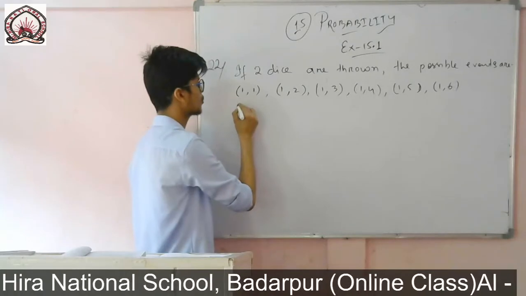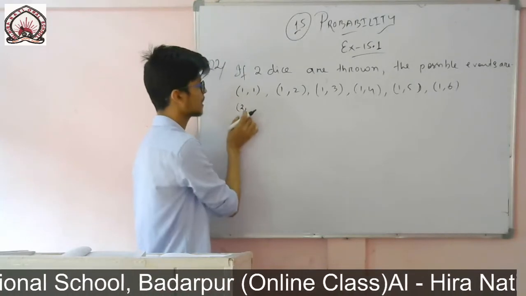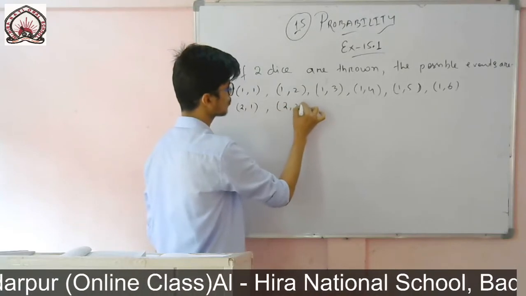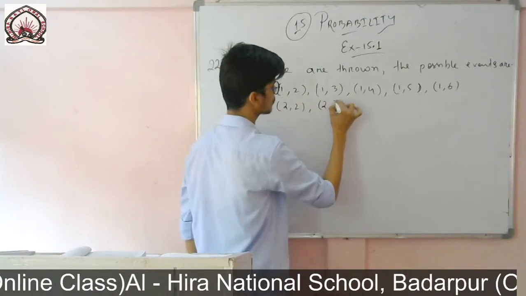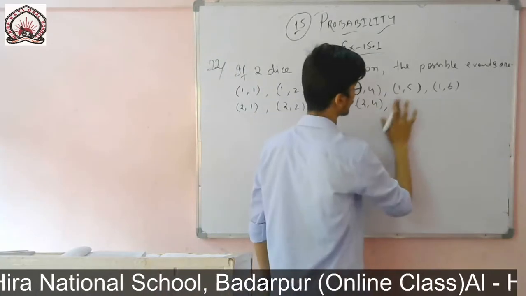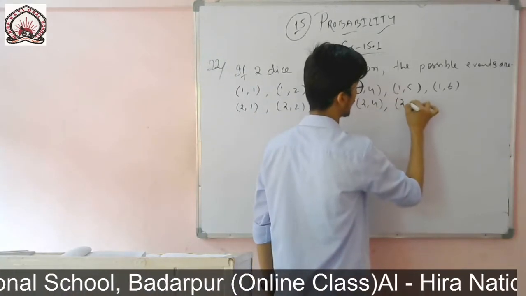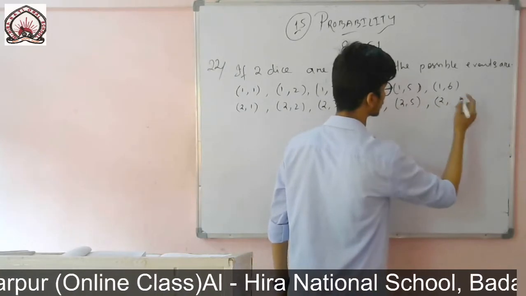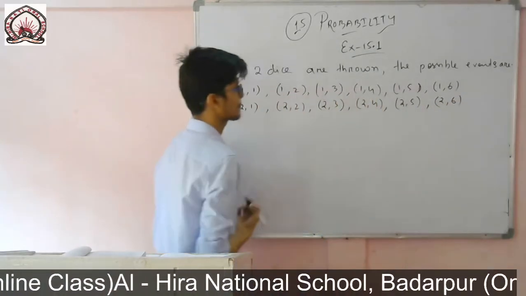Then again for 2 I will find like this. In one place I will keep 2 constant, in another place 2 1, 2 2, 2 3, 2 4, 2 5. You see it very carefully. Such type of maths comes in exam. 2 6.